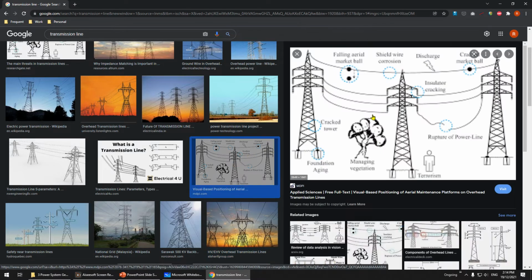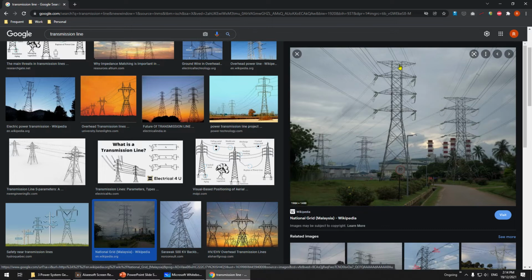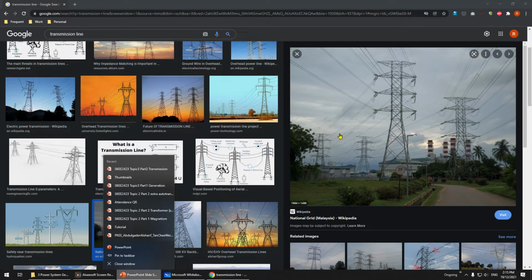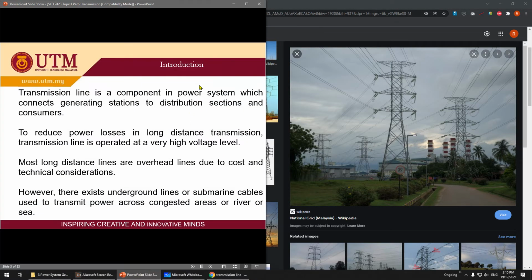So, example here, no need to worry. I think most of you have seen this one. This is the Malaysian type of grid transmission line. So let's move on to the next part. This is what is meant by transmission line.